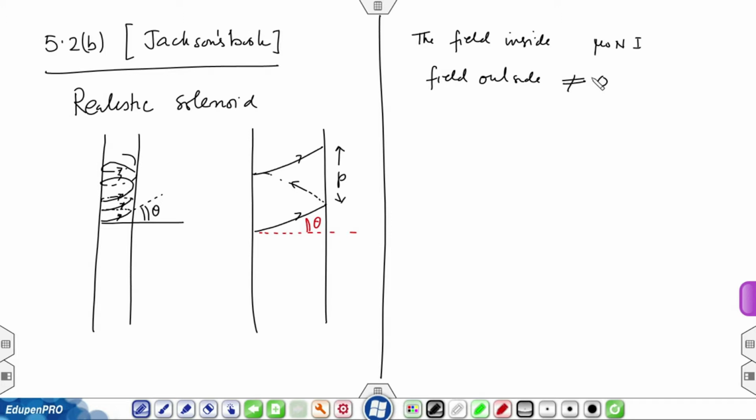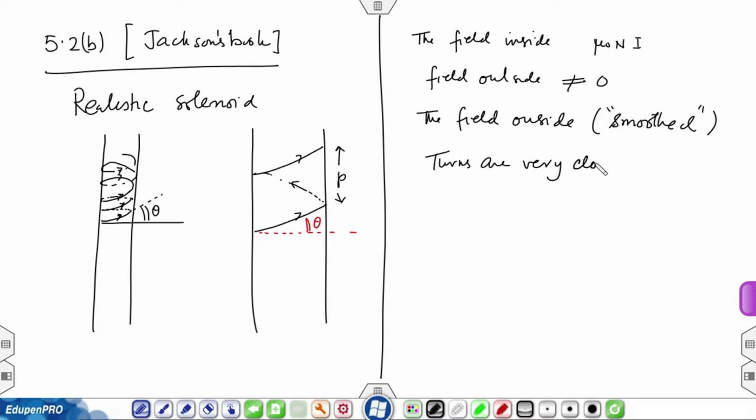Rather, the field outside, and we smoothed it, kind of it's averaged over, or the coils, the turns are very close. So, that field is roughly smooth outside. We will later comment on what close turns means.